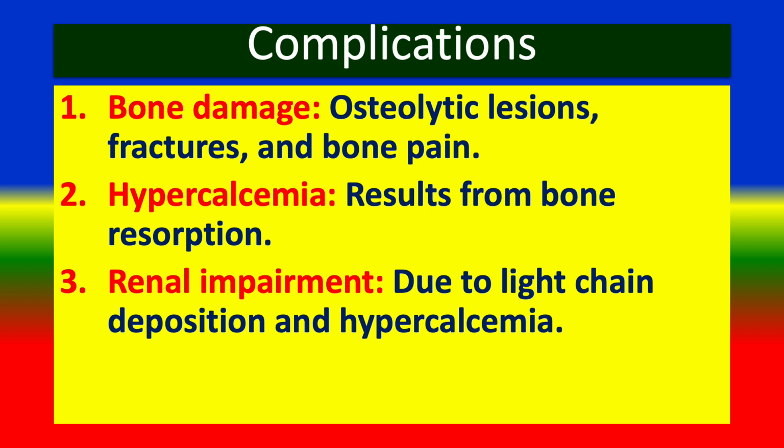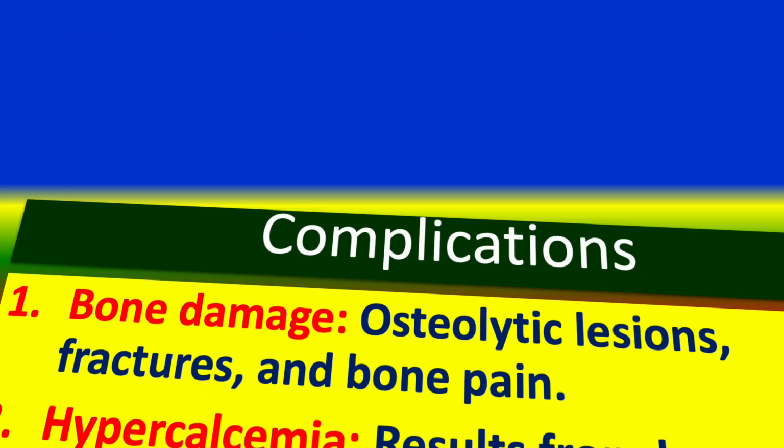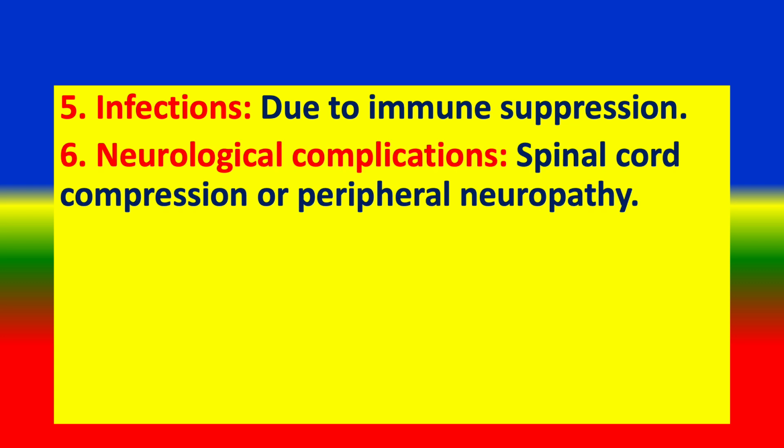Renal impairment due to light chain deposition and hypercalcemia. 4. Anemia caused by bone marrow suppression. 5. Infections due to immune suppression. 6. Neurological complications, spinal cord compression or peripheral neuropathy.